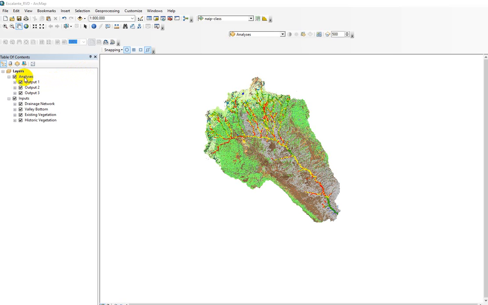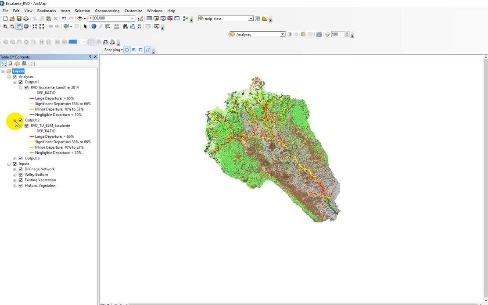If we look in the analysis folder here in the table of contents, we have the first run output, which was run just by LANDFIRE data. The second output was the TU data, the Trout Unlimited data.